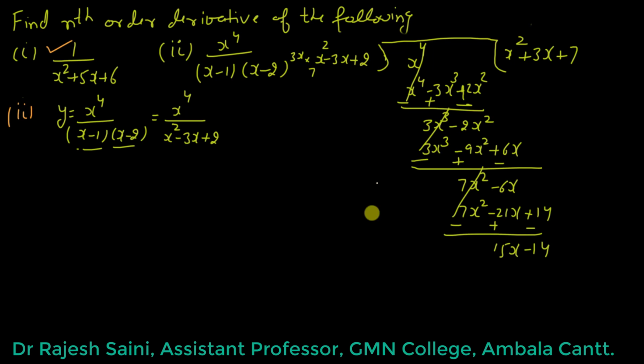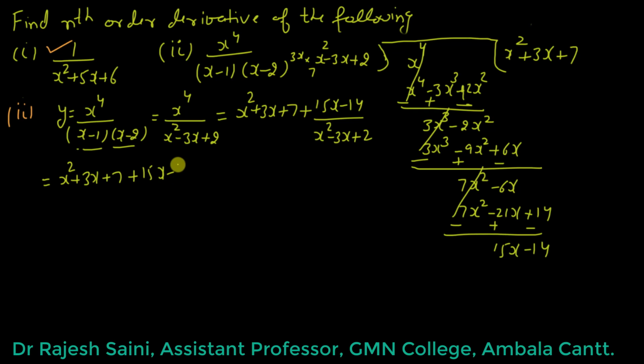So you know that you can write the quotient as x square plus 3x plus 7 plus the remainder 15x minus 14, divided by the factor with which we are dividing, x square minus 3x plus 2, which is further x minus 1 times x minus 2. Fine. So this is the long division that I have carried out.